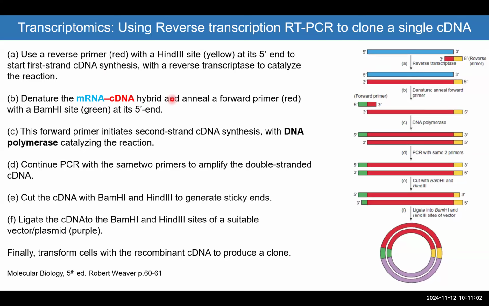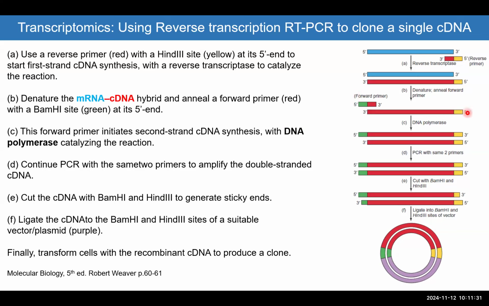Now, if you're doing a cDNA library, you have to be careful which primers you are using. And you remember that we can add things to those primers, at the 5' end of the reverse and forward primers. So for example, here, they use BamHI and HindIII added to these green and yellow primers.